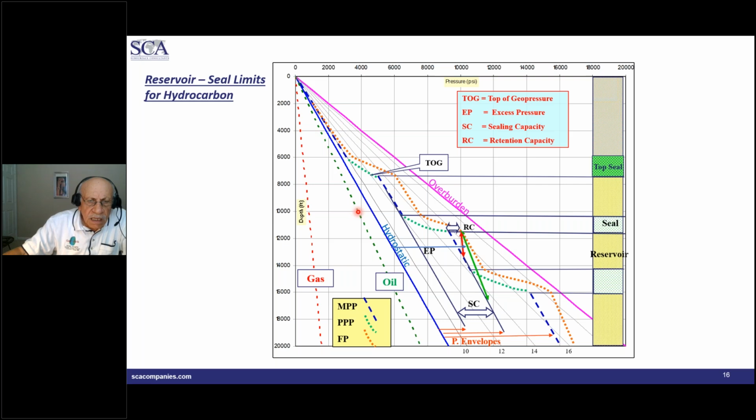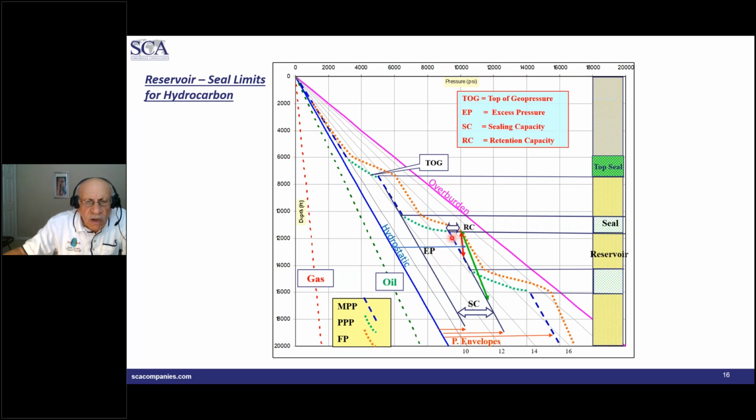This is like any other plot. You got hydrocarbon, you got hydrostatic, overburden, principal stress, and the usual shale, sand, shale, sand, and so on. And we have a seal here. So here is the frac pressure.